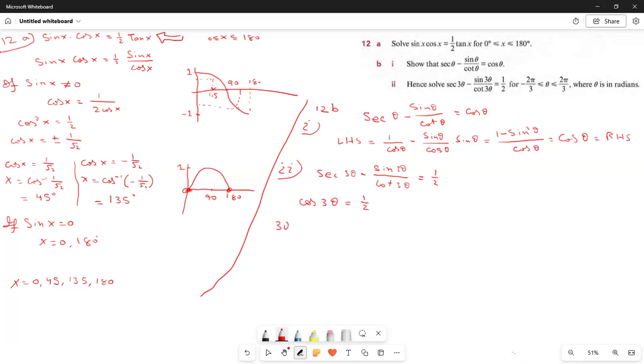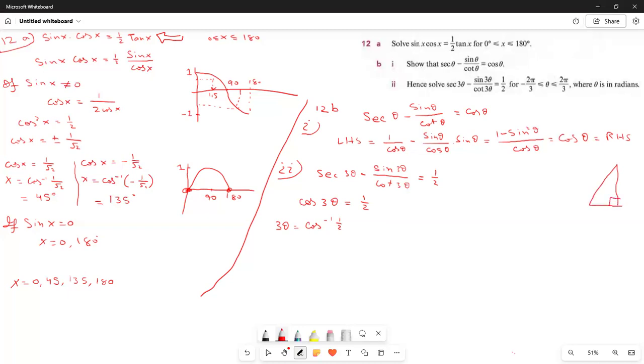So 3 theta is equal to cos inverse 1 by 2. What is cos inverse 1 by 2? Remember, if I have a right angle triangle, it's difficult to draw things here.